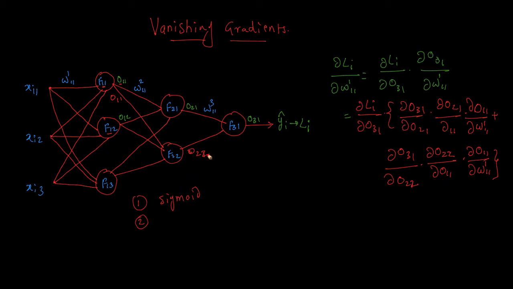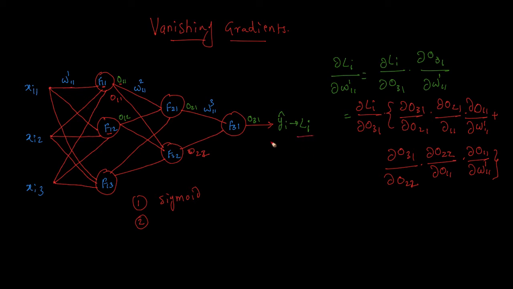So what we do in the backward propagation phase of training this neural network is take the derivatives of the loss with respect to the weights.